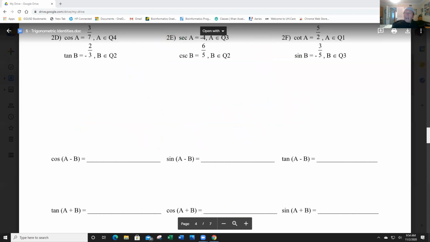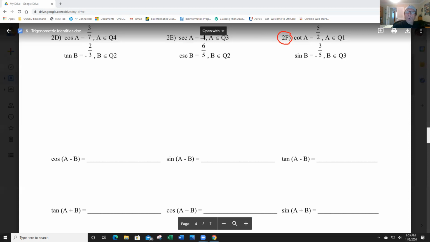All right, one more. And again, I would highly suggest you do this ahead of time and then check it against the work that I'm showing you here. The first step, we've got to draw a couple of triangles, don't we? Here are the triangles.